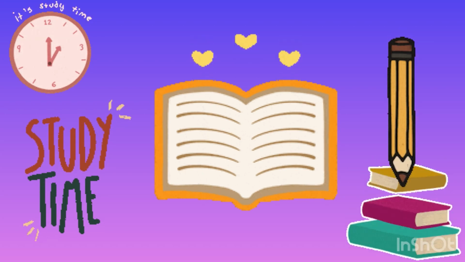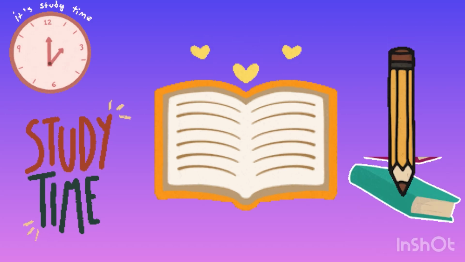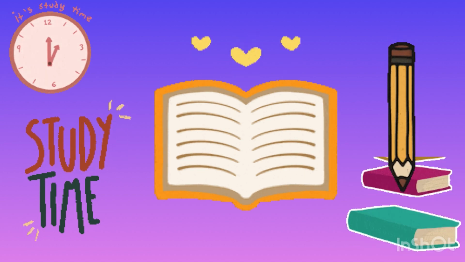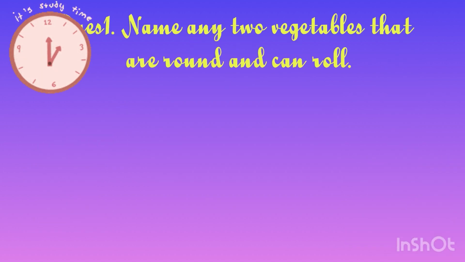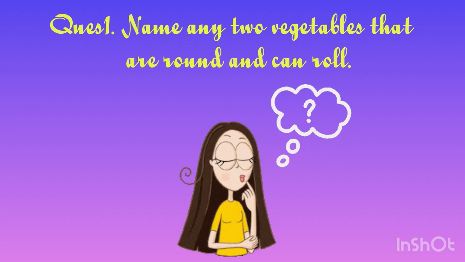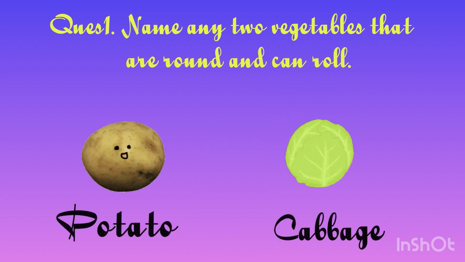Students, come let us now solve some question answer and I hope you will be able to answer them all. The first question is, name any two vegetables that are round and can roll. Think. Which are these vegetables? Yes, potato and cabbage.